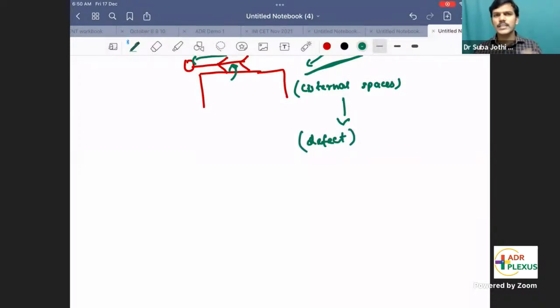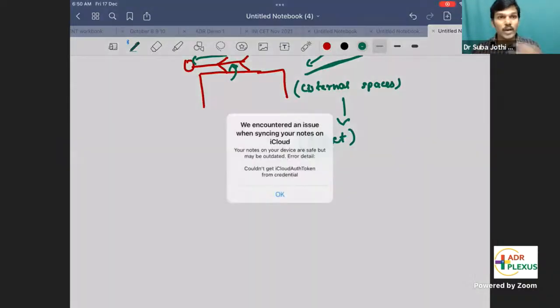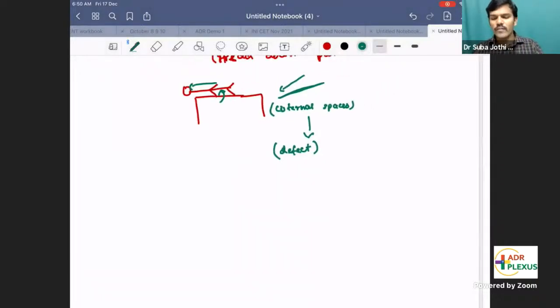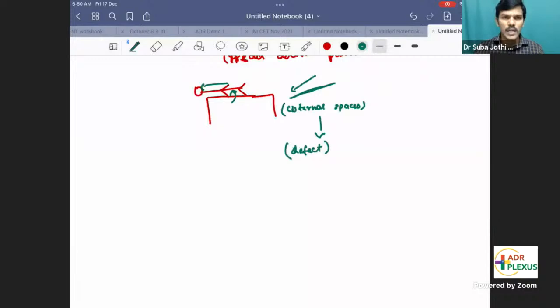Again, the most common site is the cribriform plate of ethmoid. But if it is trauma, it need not always be the cribriform plate; sometimes it can be other areas also. So we should locate the site of injury. Now we have located the site of injury.